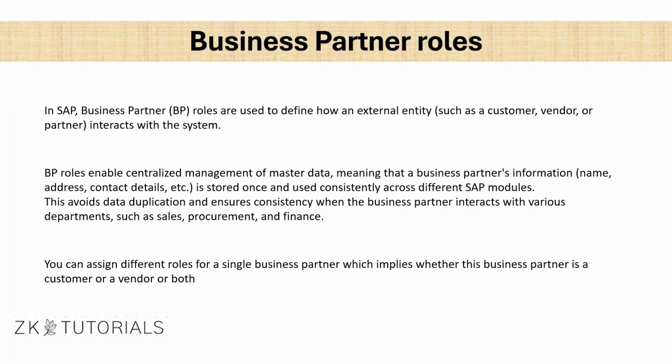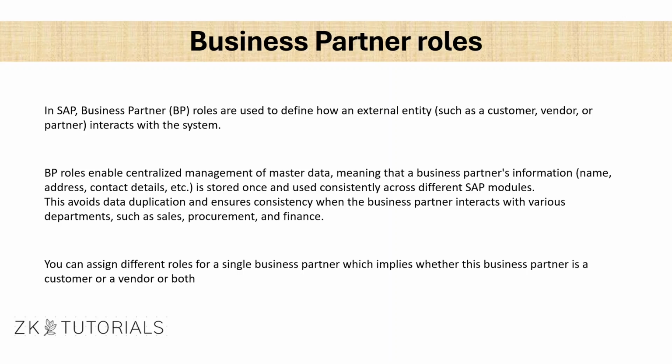So in business partner, roles are used to define how an external entity such as a customer, vendor, or partner interacts with the system. BP roles enable centralized management of master data, meaning that a business partner's information, name, address, contact details, etc. is stored once and used consistently across different SAP modules.